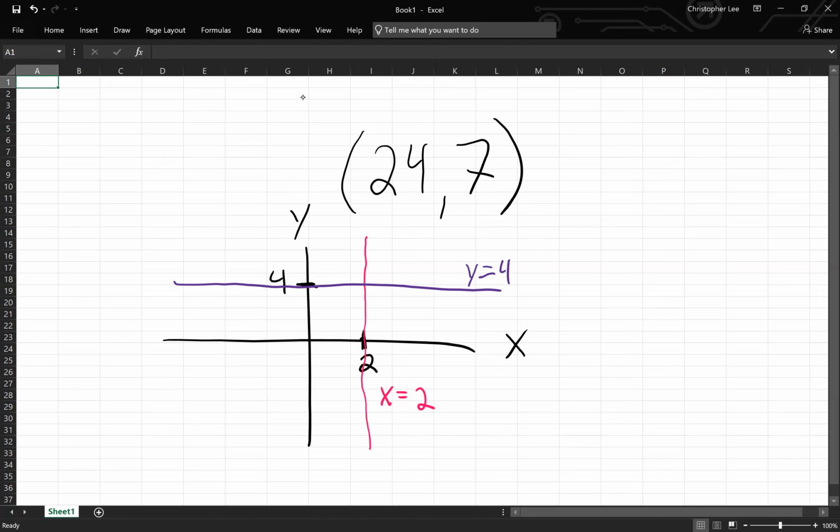Right? So yeah. Any other questions? Also like x equals 24 or y equals 7.